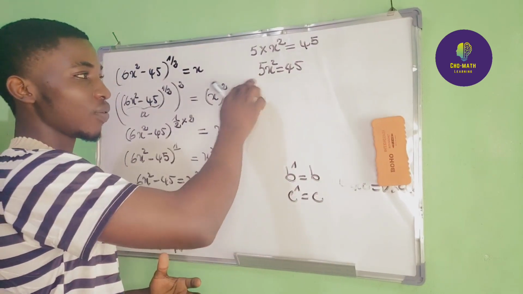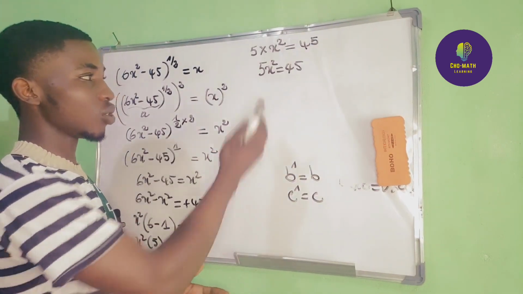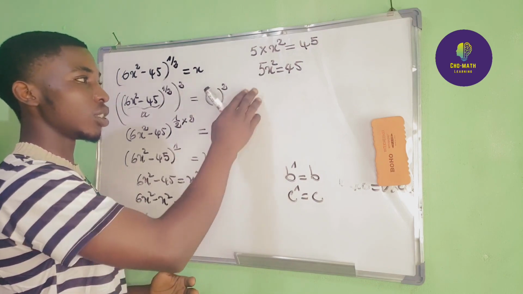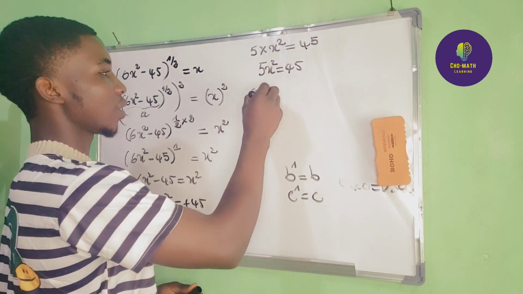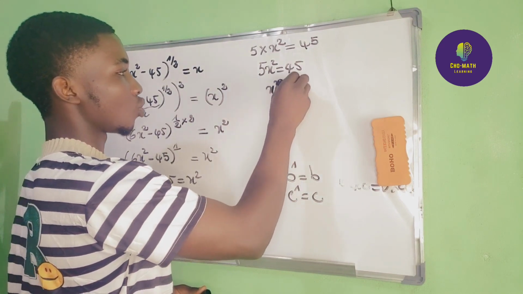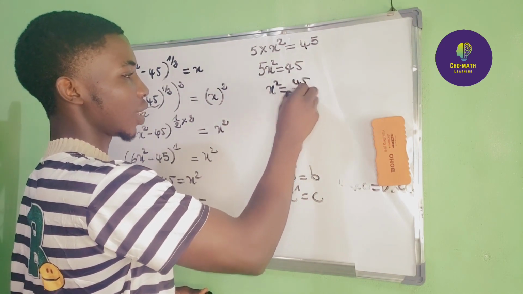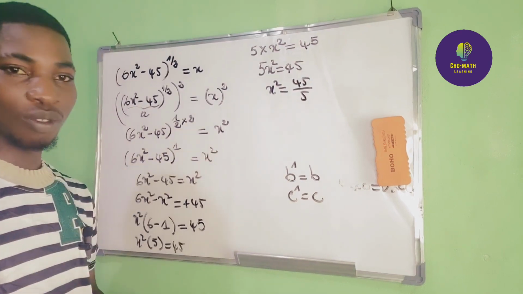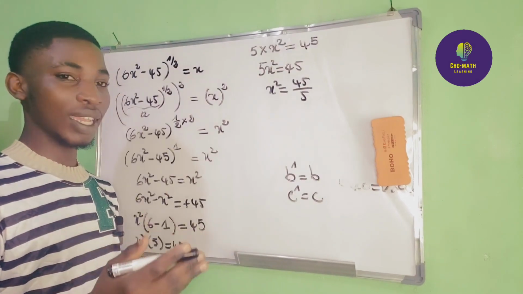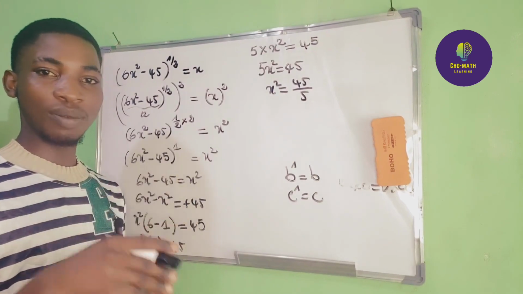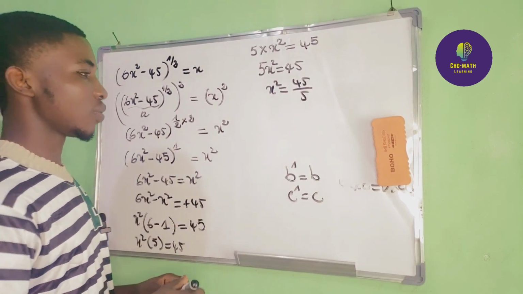We need to send this 5 the other way. Since this way it is multiplying, when we send it the other way, it's going to divide. So x squared will be equal to 45 divided by 5, and all of us know that 45 divided by 5 is equal to 9, since 5 times 9 is equal to 45.